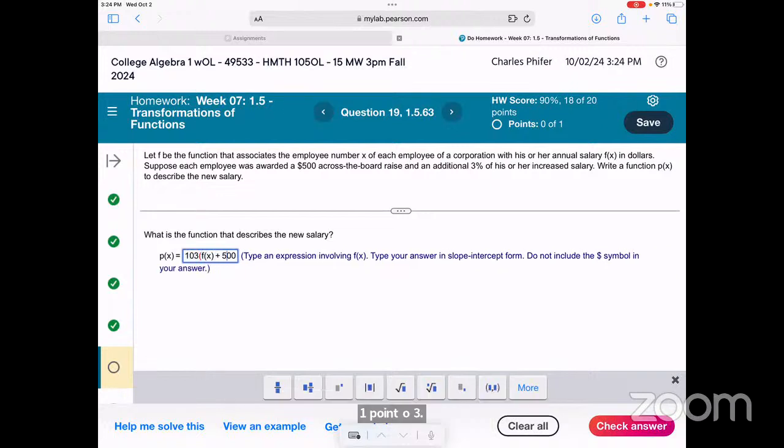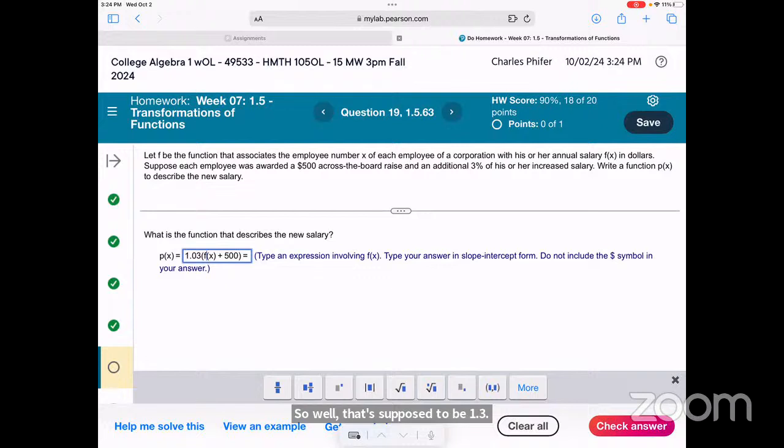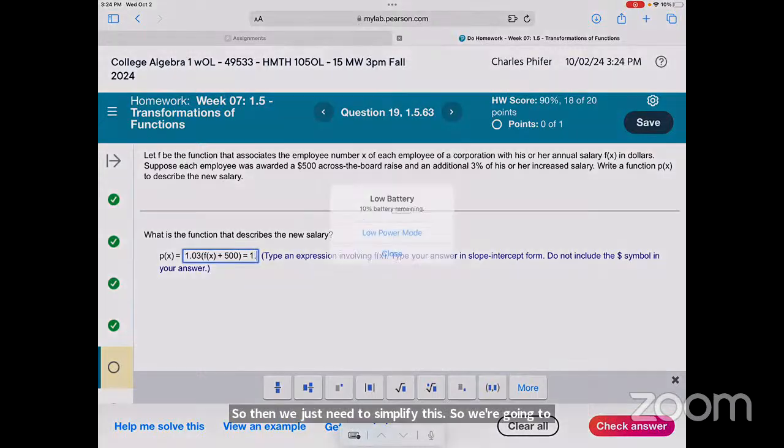Okay. I'm going to keep taking some notes here. Give me just a moment. Oh, well, that's supposed to be 1.03. Let me go ahead and put the right thing. So then we just need to simplify this. So we're going to distribute the 1.03. That's okay. I think I'm going to make it.